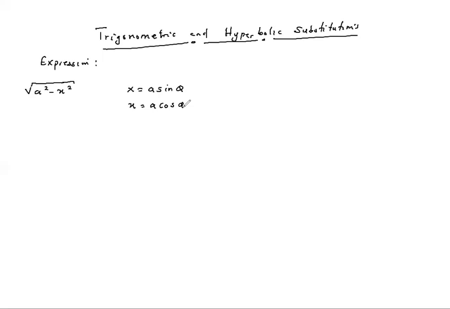Why are we saying sine and cos are almost the same? Because when I use sine, if you let x be a sine theta, then you will have a squared minus a sine theta squared. This is going to be a squared minus a squared sine squared theta, so that a squared is common.